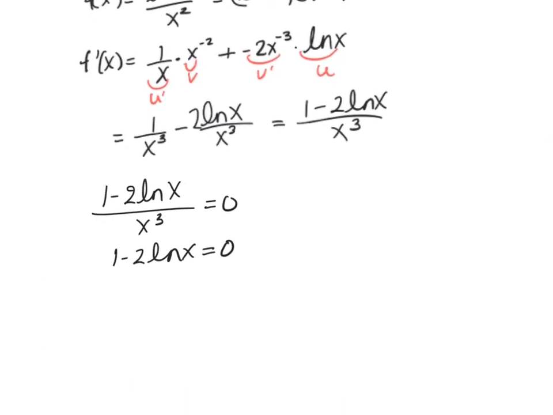Going back to what I learned in pre-calc 1, I'm going to move the 1 to the other side and divide by 2. So I have the natural log of x is equal to 1/2. And I'm going to turn this into its equivalent exponential form. So e to the 1/2 is equal to x. And so that is my x value.